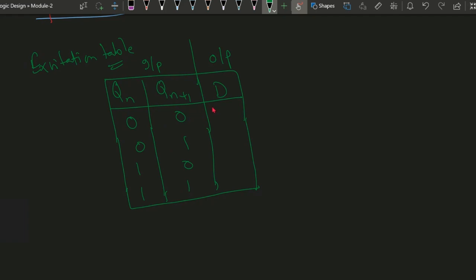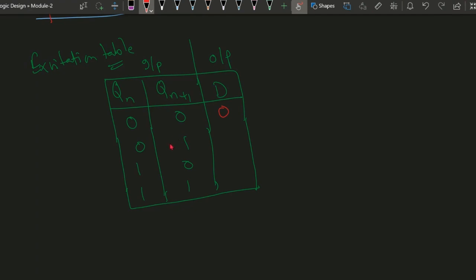If the previous state is 0 and the next state is 0, at that time D should be 0. If D is 0, then only this is possible. Whatever is the present state, the next state is the state after the new clock that is coming.